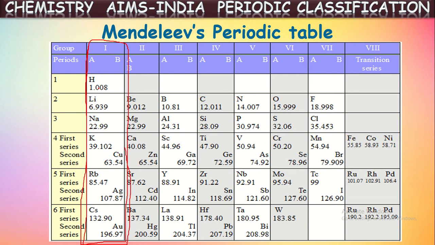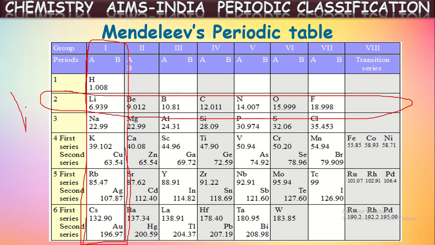The horizontal rows are called periods. Vertical columns are called groups, horizontal rows are called periods. This is Mendeleev's periodic table.